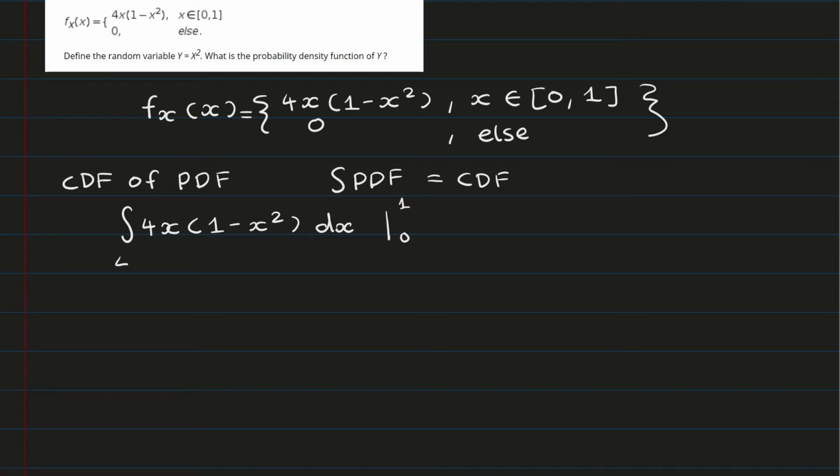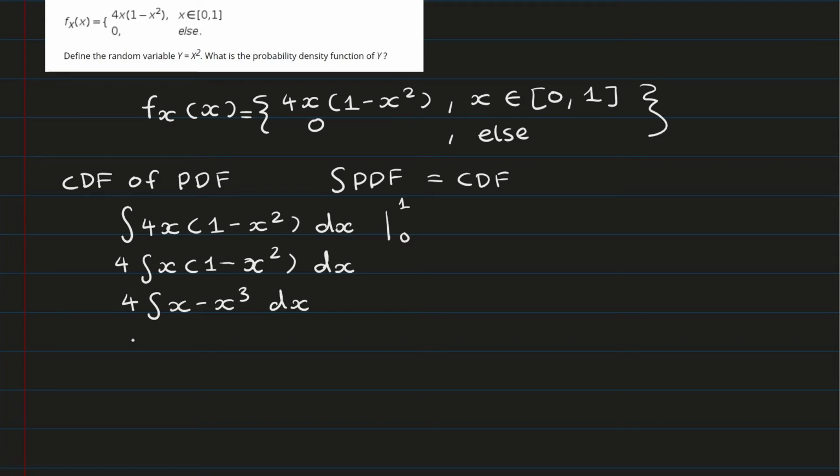So we have the integral of 4x(1 minus x squared) dx, and this is equal to the integral of 4x minus 4x cubed dx.